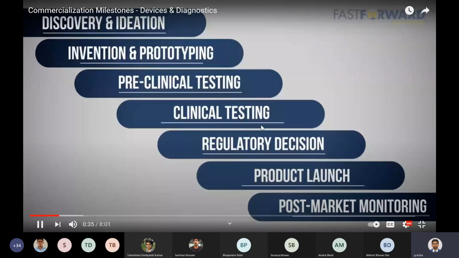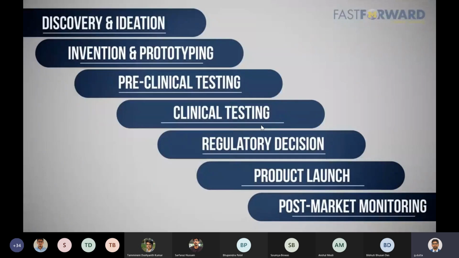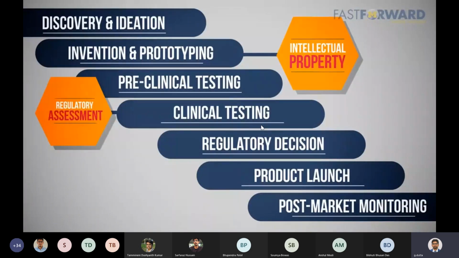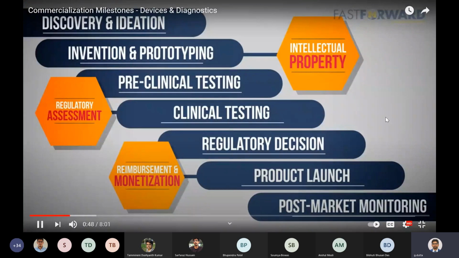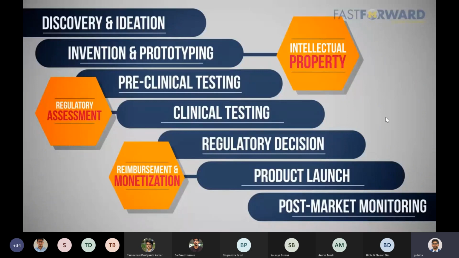Although this appears to be a linear pathway, it is often circular and confusing because of other non-technical considerations, including intellectual property, regulatory assessment, and reimbursement and monetization. Let's build a product development roadmap from concept development through product launch for a medical device. The time from concept to FDA clearance to market for a typical Class II medical device can take many years and can cost millions of dollars, so the roadmap needs to be solid before you begin.